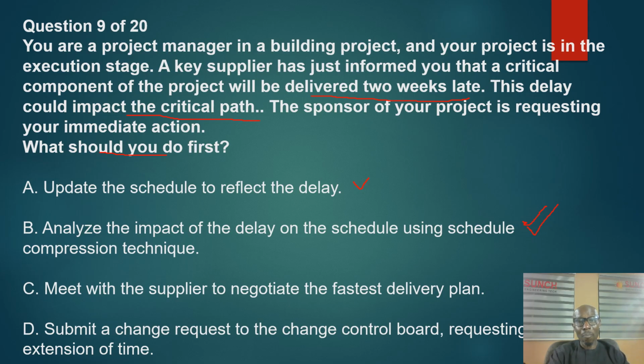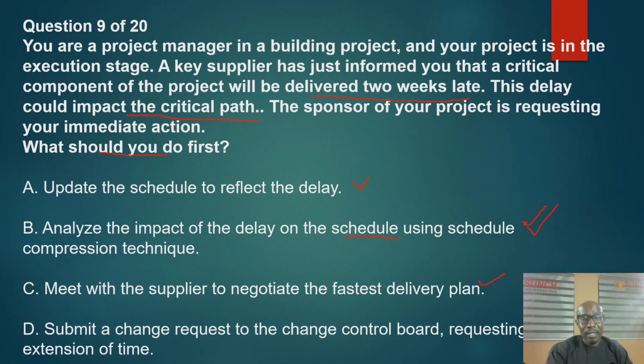Yes, you can meet with the supplier, but you need to know the impact, because the impact might not only be on the schedule. The impact might as well be on costs.